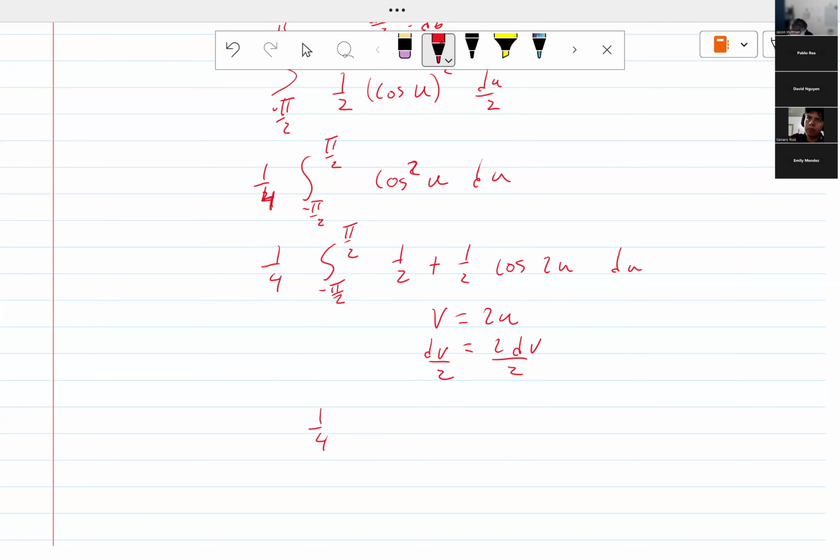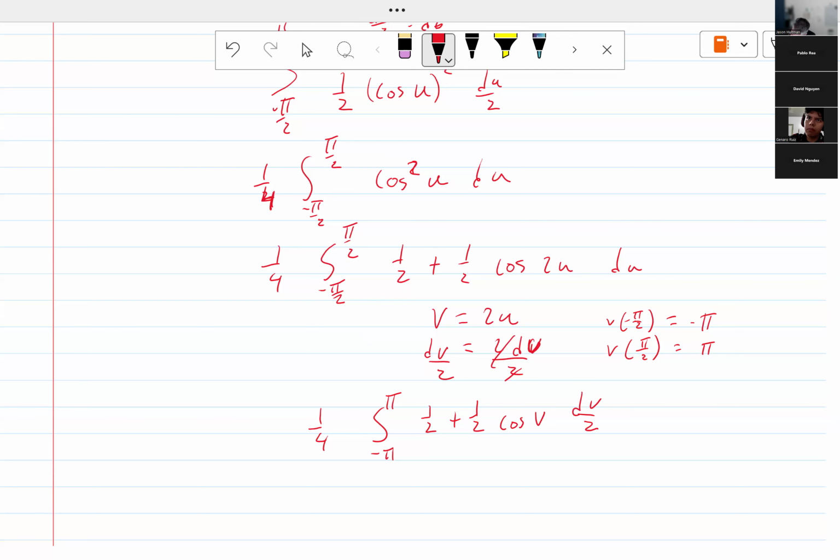This is now going to be negative pi to pi, because v of negative pi over 2 is negative pi, and v of pi over 2 is pi. So we change our limits of integration. This becomes 1/2 plus 1/2 cosine v, dv over 2.